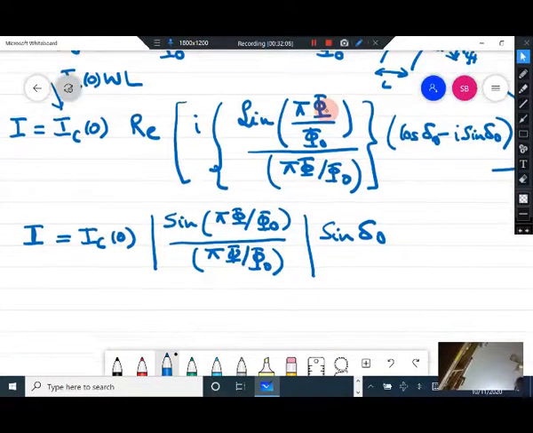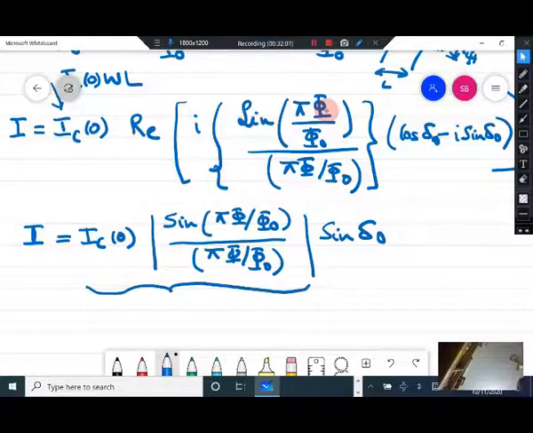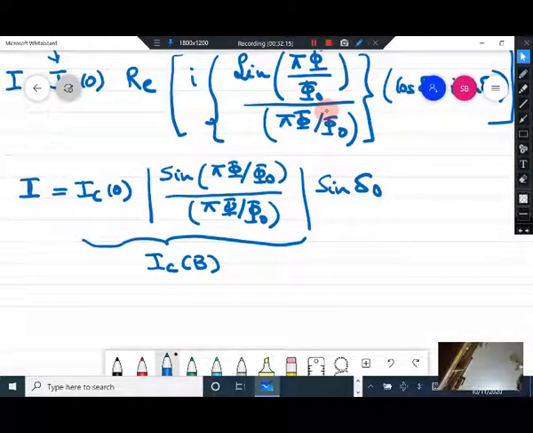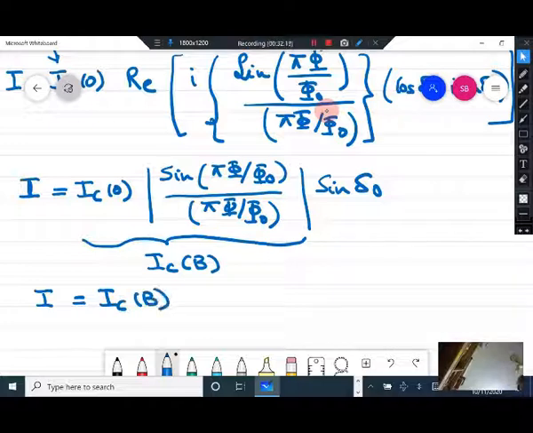Okay, and so I can write this entire thing as I_CB. If I write this as I_CB, then the Josephson current I is I_CB into sine delta 0.